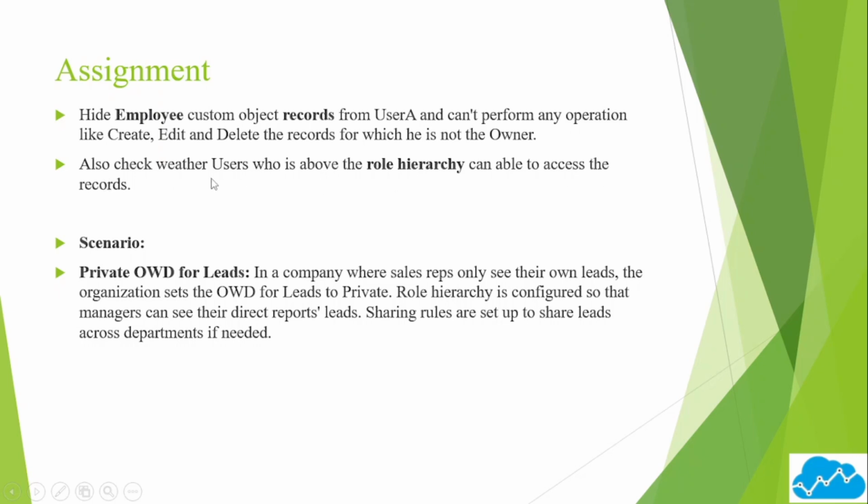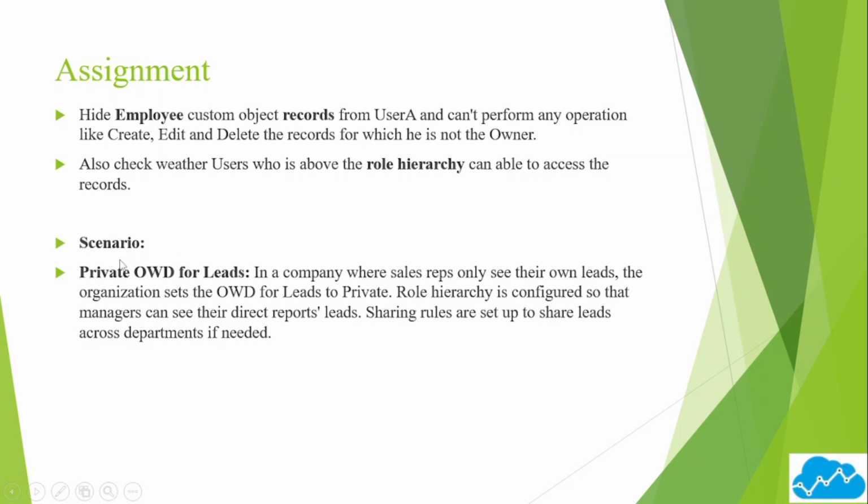In our organization there is a Salesforce network user, user A, and user B. If user A has some role hierarchy and above that user B has some role hierarchy, we have to check whether the user who is above in the role hierarchy can access the records or not. So this is the assignment we have to do.